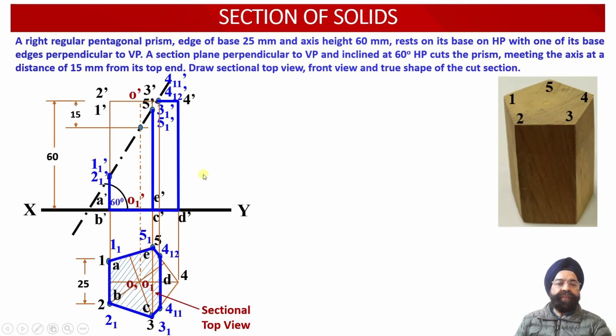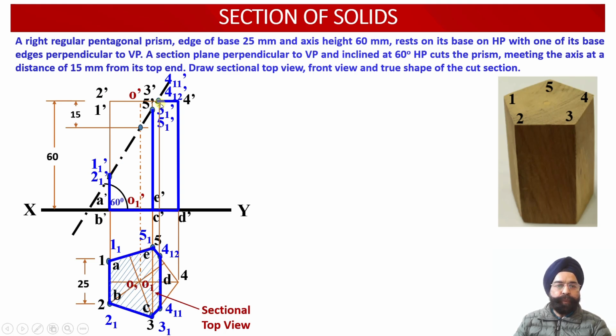Now another thing we need to evaluate over here is that this portion of the solid will also be visible to the observer from the top view projection. So here this is the sectional top view, the apparent shape of the cut section, which is visible to the observer looking at this particular cut section from the top view.